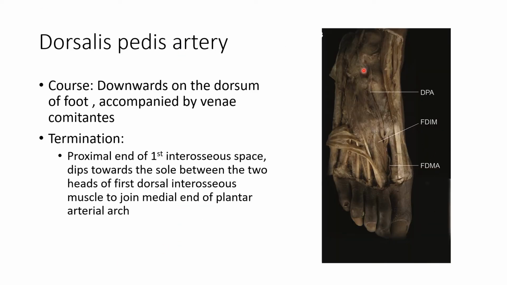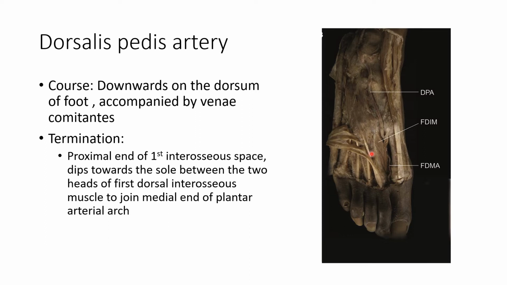The dorsalis pedis artery, starting at the ankle, runs downwards on the dorsum of the foot, and it is accompanied by venae comitantes. It terminates at the proximal end of the first intermetatarsal space, that is the first interosseous space between the first and second metatarsals, and in this place it dips towards the sole between the two digitations of the first dorsal interosseous muscle.